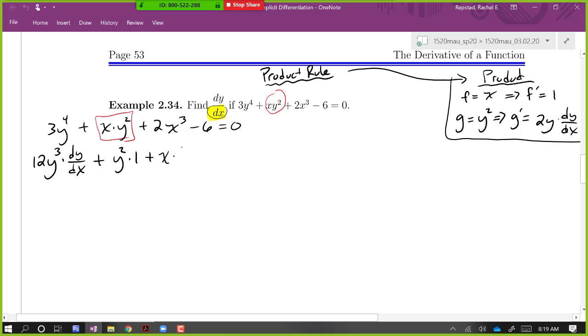So f times g prime is x times 2y dy dx. Great. So there's the xy squared term. What comes next? 6x to the second. Good.